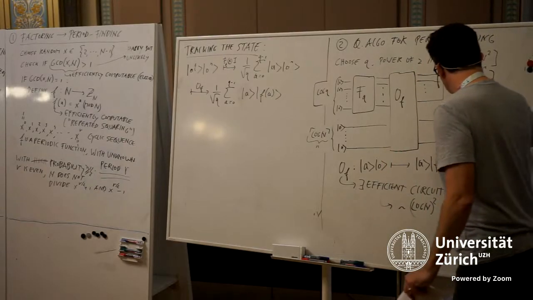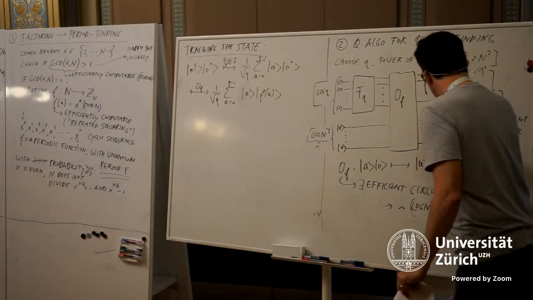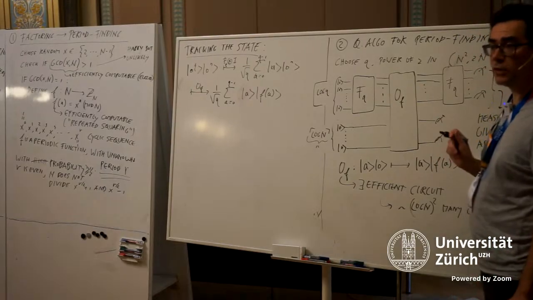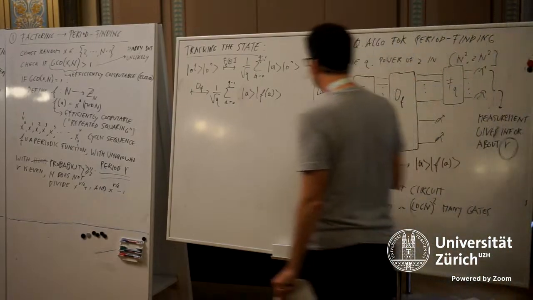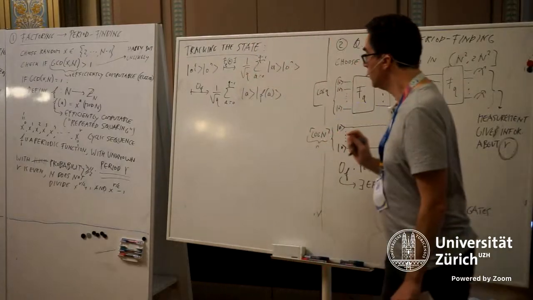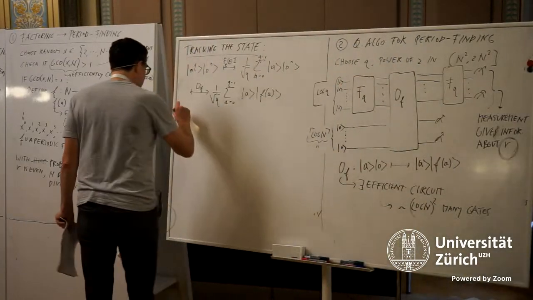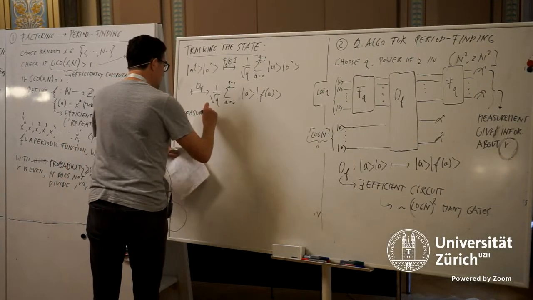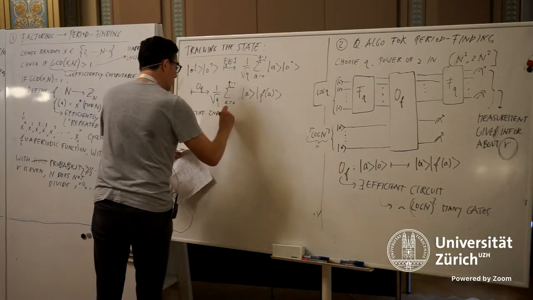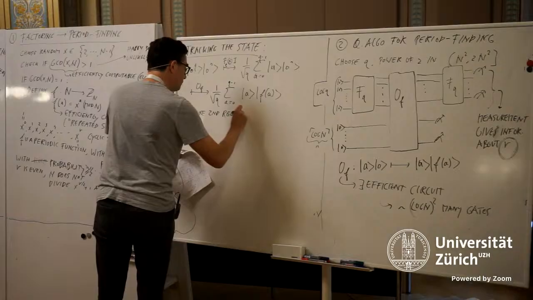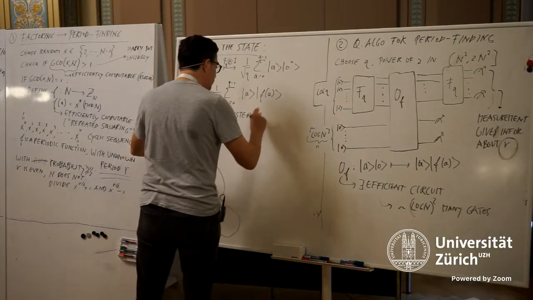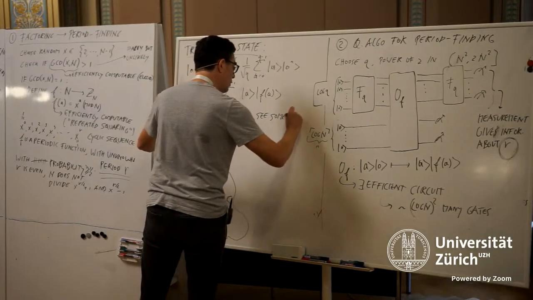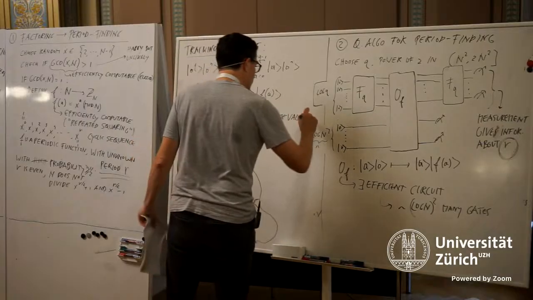Now we are here in the circuit. In fact, I should put these measurements a little bit earlier. Let's put them here. At this point, we're going to measure the second register, the second block of qubits. This is going to give us a particular function value, some integer, which I'll call f(s).